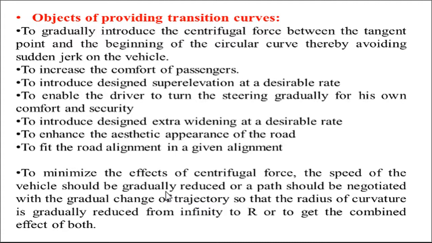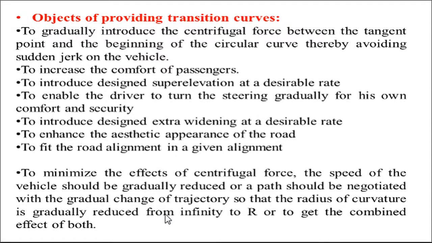Next one, to minimize the effects of centrifugal force, the speed of the vehicle should be gradually reduced, or a path should be negotiated with a gradual change of trajectory, so that the radius of curvature is gradually reduced from infinity to R, or to get the combined effect of both.